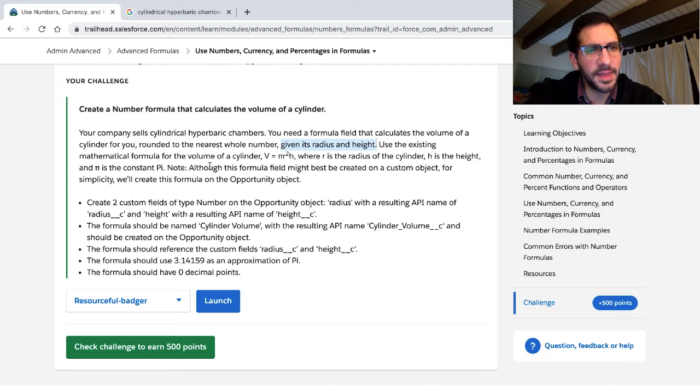Use the existing mathematical formula for the volume of a cylinder: V equals pi r squared times h, where r is the radius of the cylinder, h is the height, and pi is the constant pi. Note, although this formula might be best created on a custom object, for simplicity, we'll create this formula on the opportunity object.